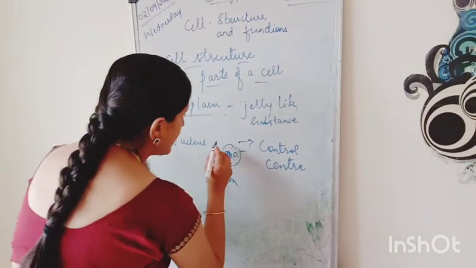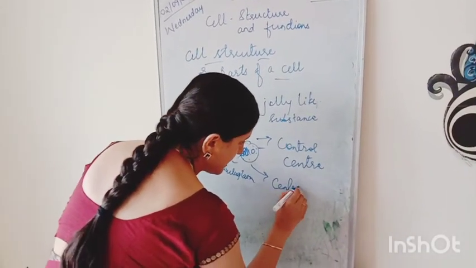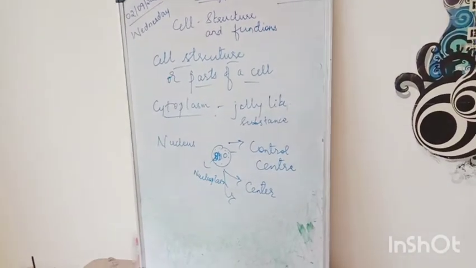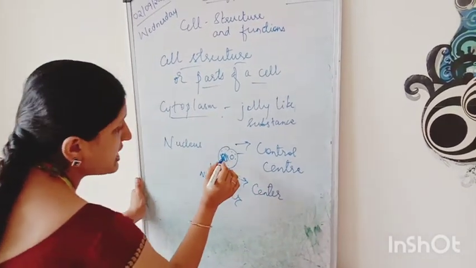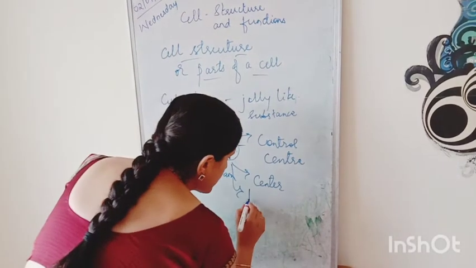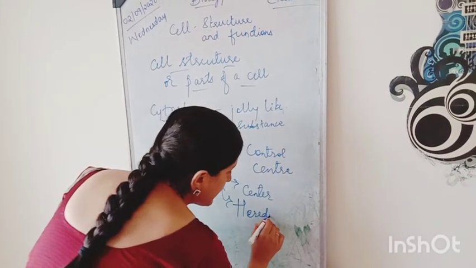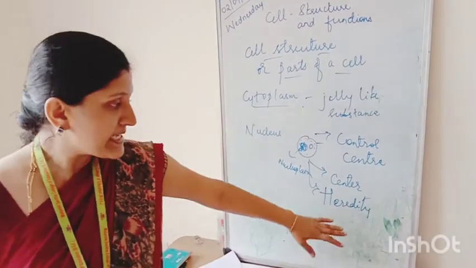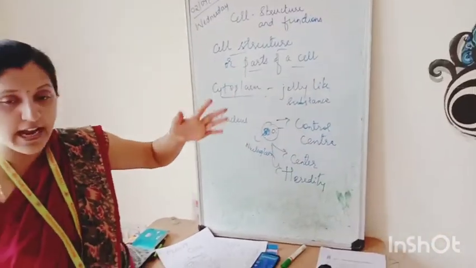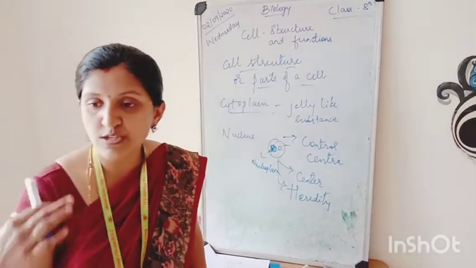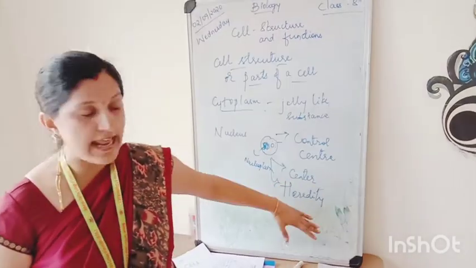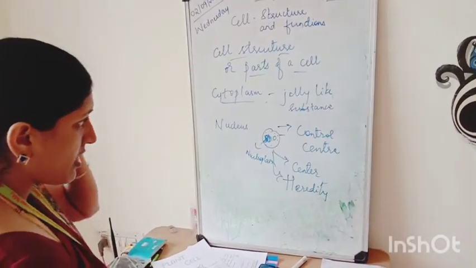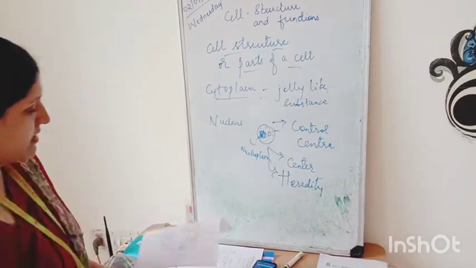It is present at the center in the cell. The genes present in the nucleus are mainly responsible for heredity, that is they can transfer messages from one generation to another generation. Based on how our parents look, the children also look similar, that is they get their features from parents to the offspring. So that is about the nucleus.